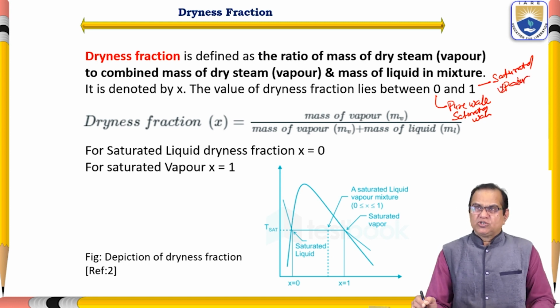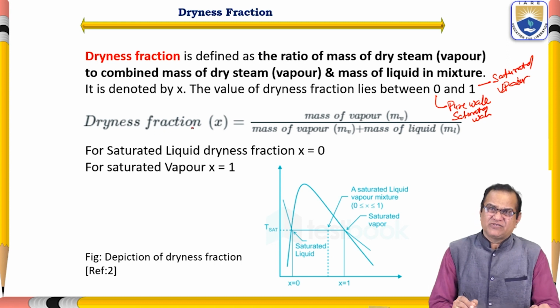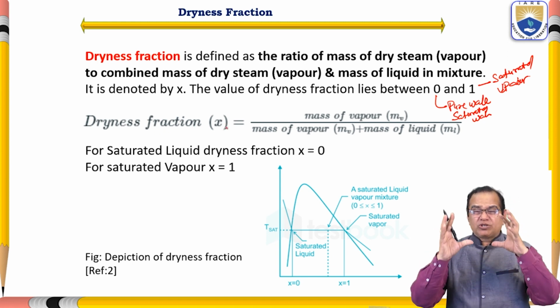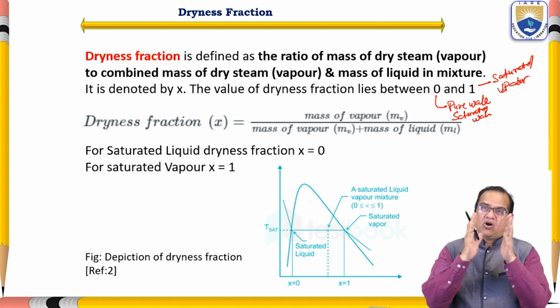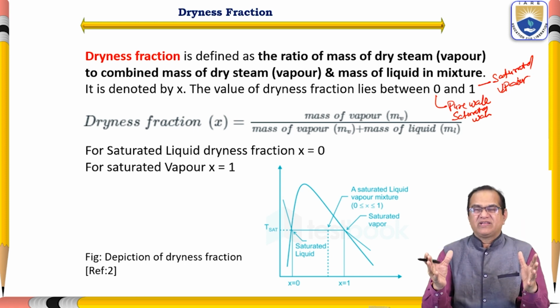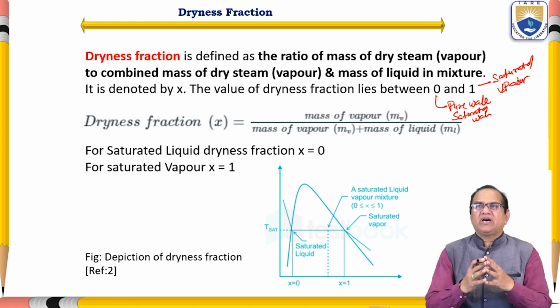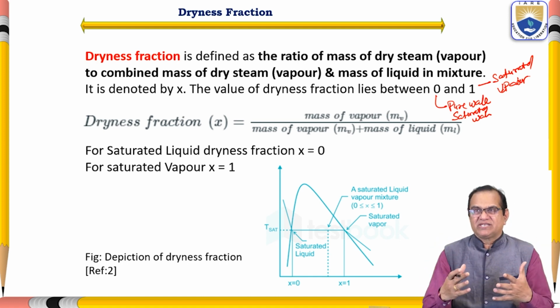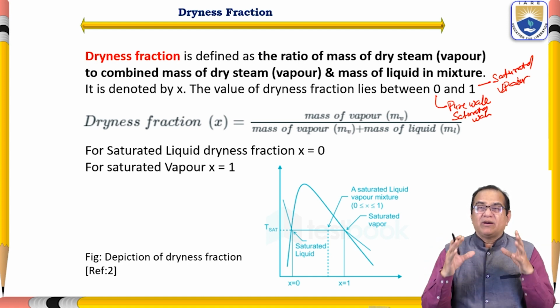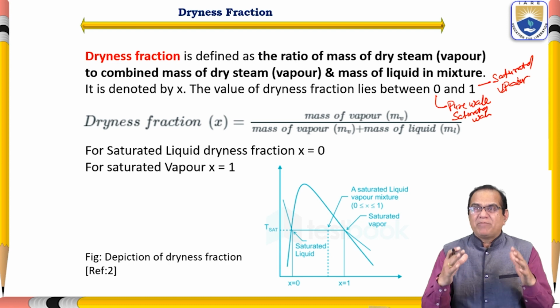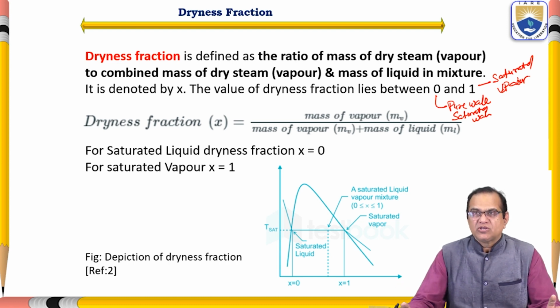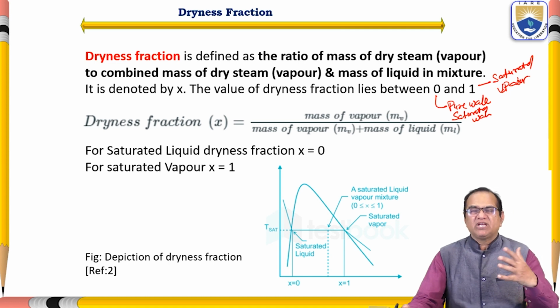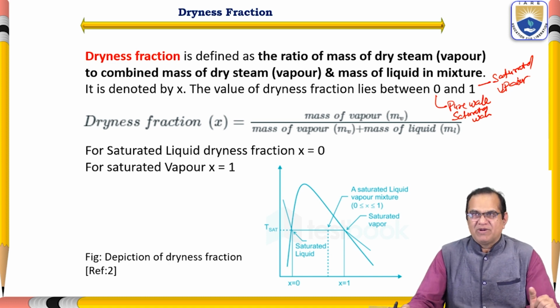We can define the dryness fraction as: out of the total mixture of water and vapor, how much mass of vapor is present in the mixture divided by the total mass. The total mass includes the mass of the vapor plus the mass of the liquid. The mass of the vapor is represented by mv and the mass of the liquid by ml.